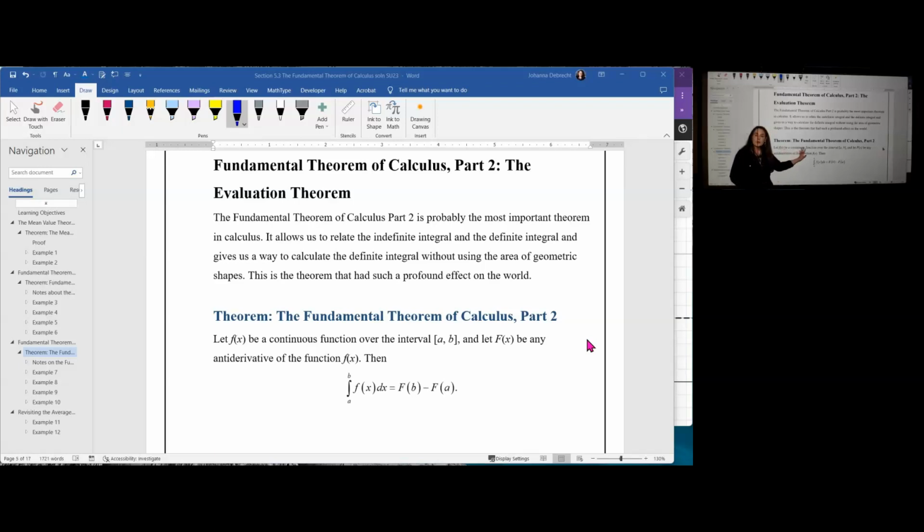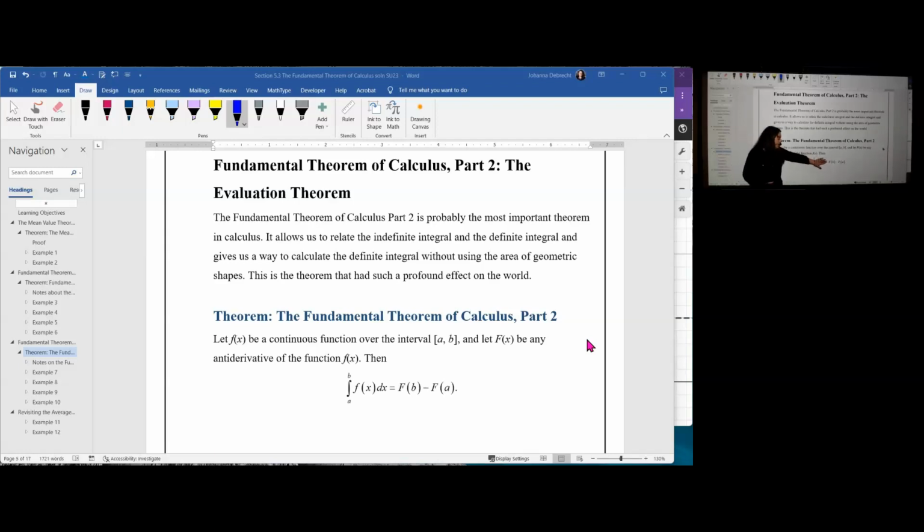It's actually a relatively straightforward statement compared to the Fundamental Theorem of Calculus, Part 1, which is far more complicated. We again start with our very typical condition that f of x be a continuous function over a closed bounded interval from a to b. We let uppercase F of x be any antiderivative of the function lowercase f of x.